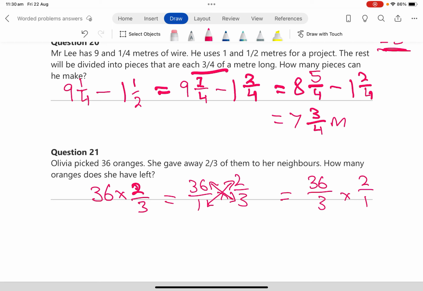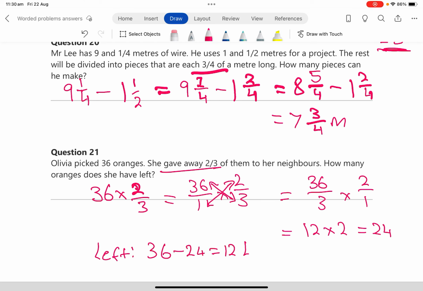So the 2 and the 1 became a fraction, the 36 and the 3 became a fraction. So we end up with 36 divided by 3 is 12, 2 divided by 1 is 2. We end up with 24 oranges, but that's how much she gave away, right? Because we multiplied by 2/3. So how much does she have left? Well, she's got 36 minus 24 left. She's got 12 oranges left, okay?